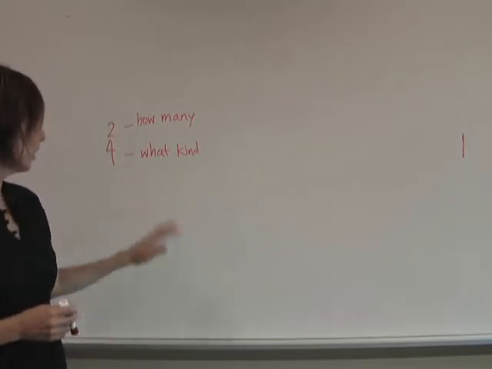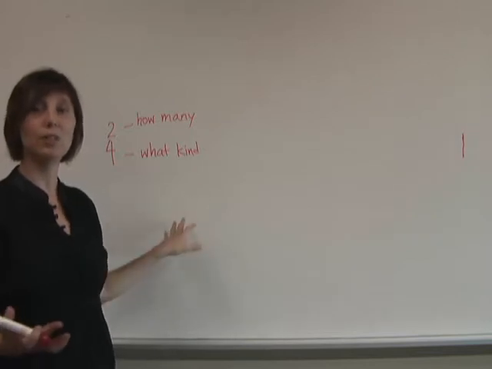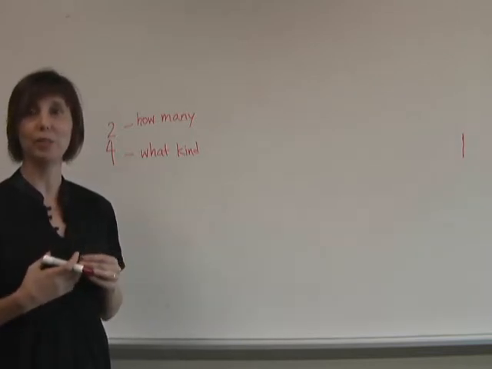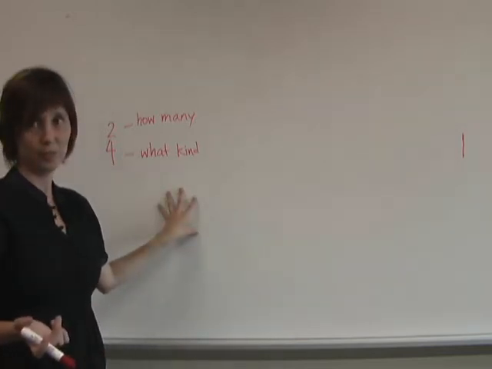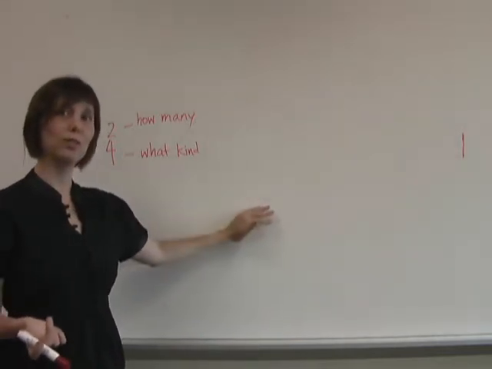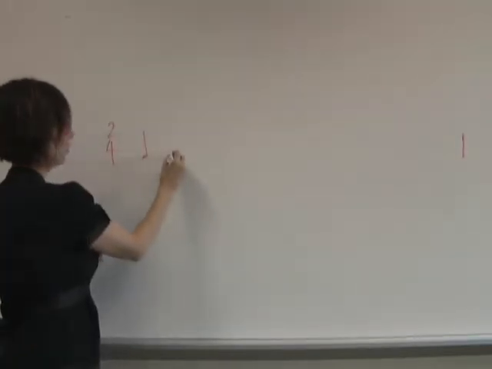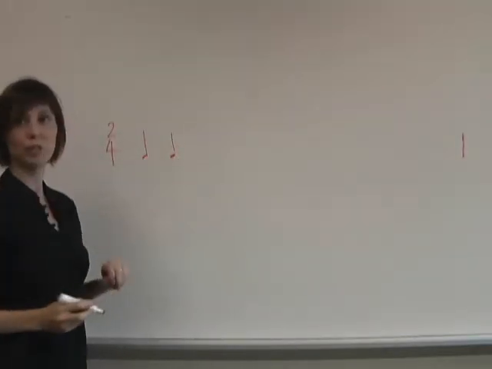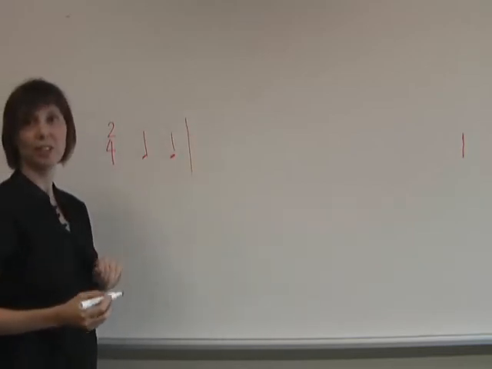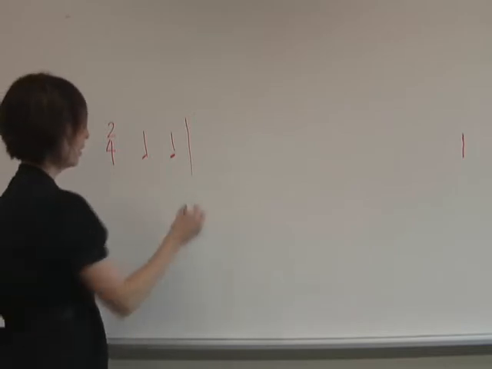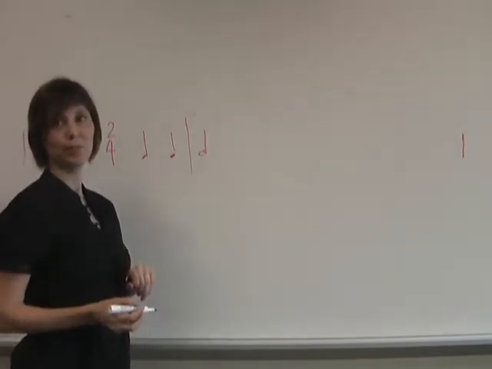Okay, so if I'm in 2/4 time, I can have any combination of notes in my measure that add up to 2 quarter notes. However, I always want to show the beats. So here's an example of a measure of 2/4 time. And then we put this line here. That's called a bar line. This would also fit in a measure of 2/4 time.